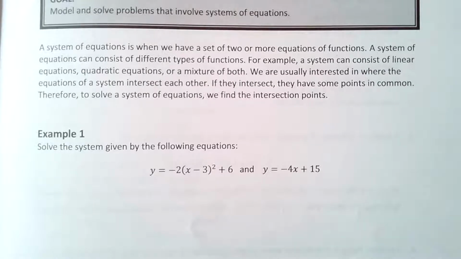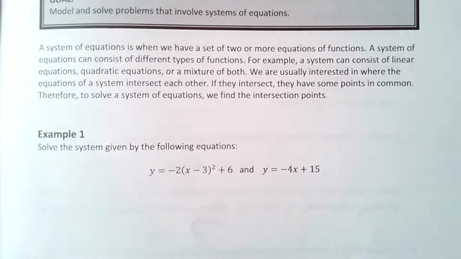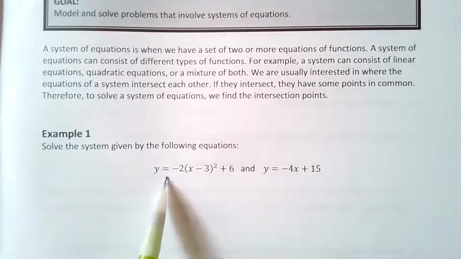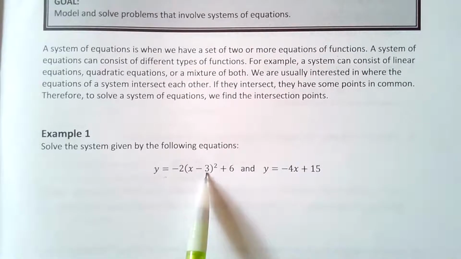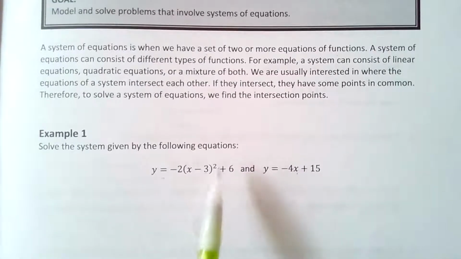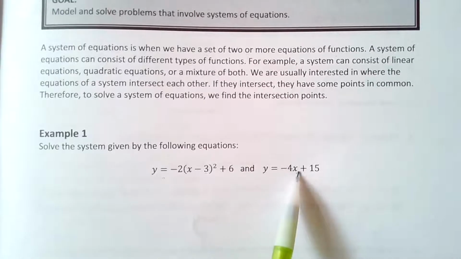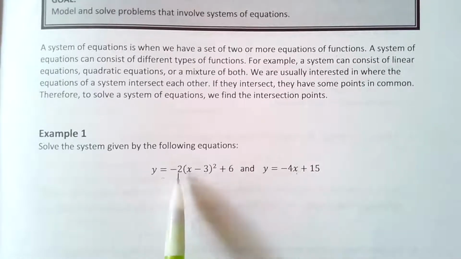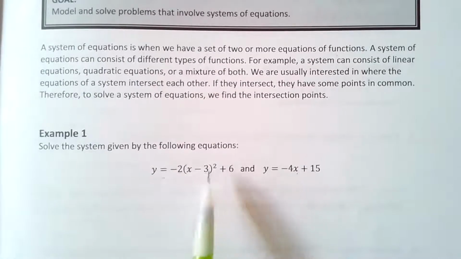By finding where they intersect, we're finding the solution. Here we're given two equations. This is a quadratic equation, and this is a straight line. So you have a quadratic and a linear function. You want to find out where they intersect.